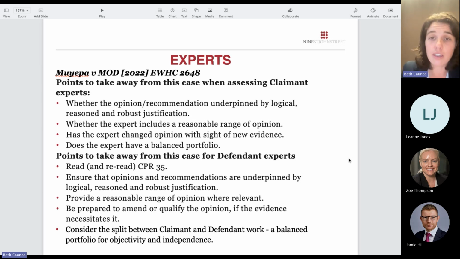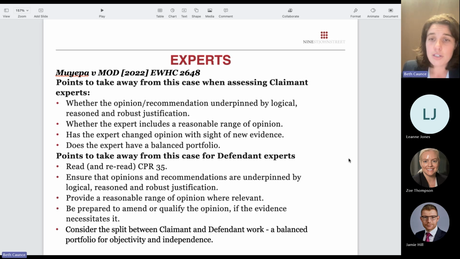I'm particularly thinking here about surveillance evidence that may well contradict what is being reported by claimants in terms of mobility problems. And finally, whether that expert has a balanced portfolio, by which I mean between claimant and defendant instructions.